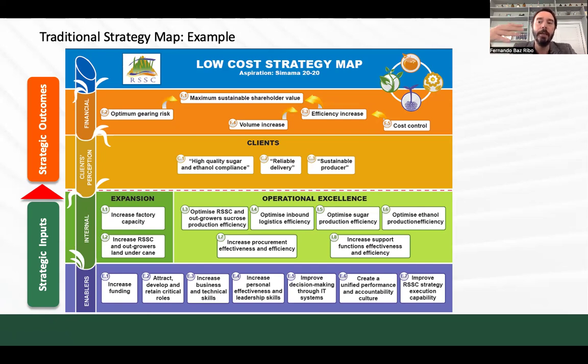So traditionally, strategy maps had at the top financial or key financial outcomes, because at the end of the day, it was to describe the business strategy, right? So normally you have financial outcomes at the top, and then you have the client's perception that you want your clients to have of your value proposition.